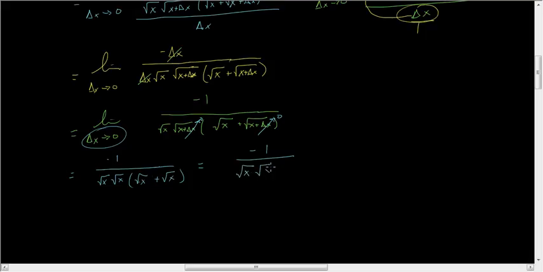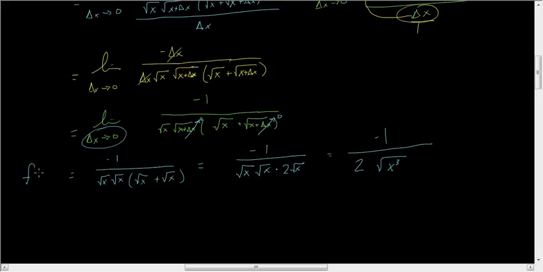times 2 roots of x, which is equal to, I have 1, 2, 3 roots of x. That means that I'm multiplying the things under the root. So that means I have 2 root x cubed, and that's -1 over 2 root x cubed. This is our f prime.